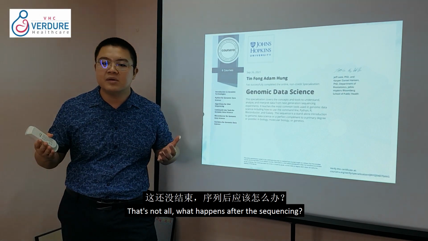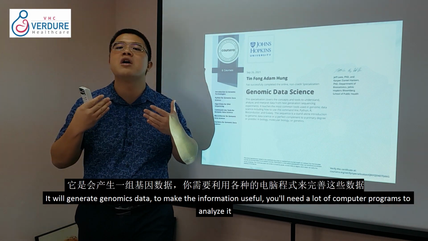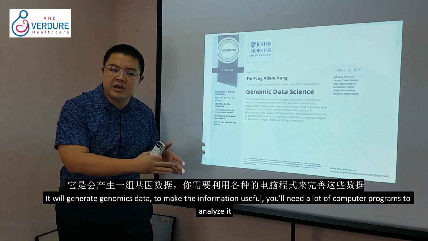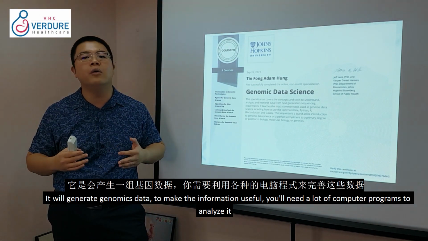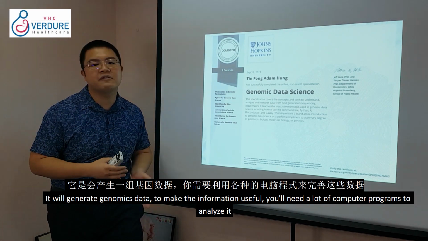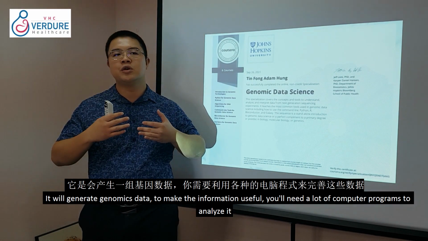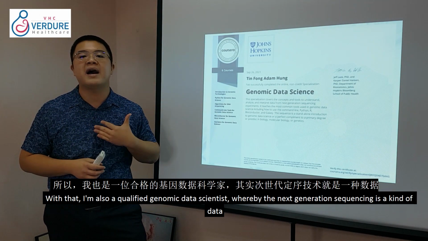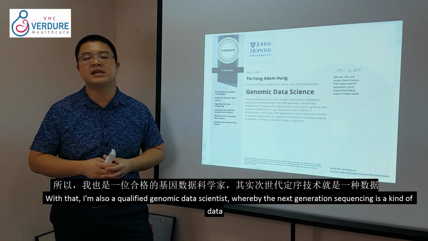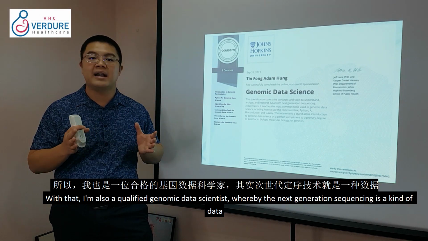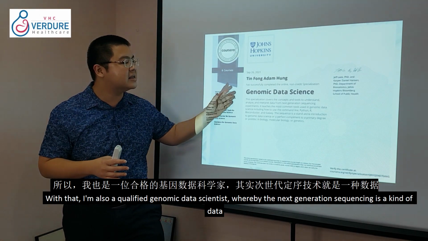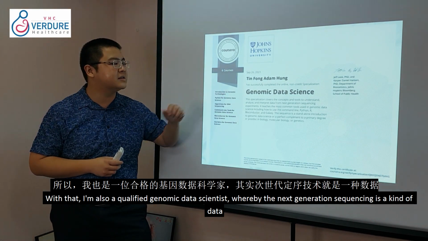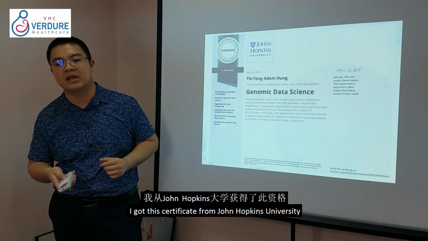After the sequencing, it generates genomic data. To make that genomic data into something useful, you have to use a lot of computer programs to analyze it. So I'm also a qualified next generation sequencing data scientist, whereby next generation sequencing is a kind of genomic data. I got this certification from Johns Hopkins University.